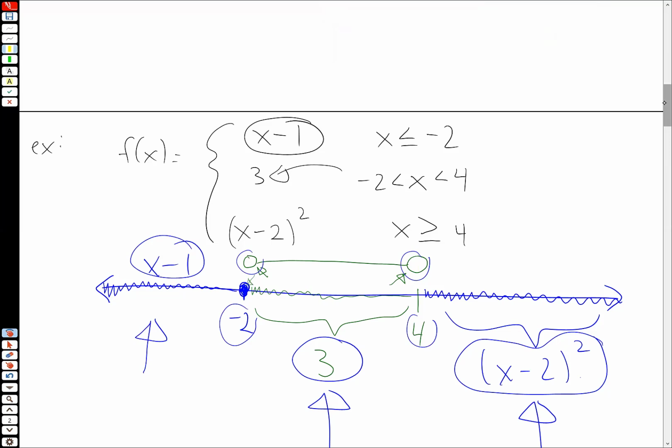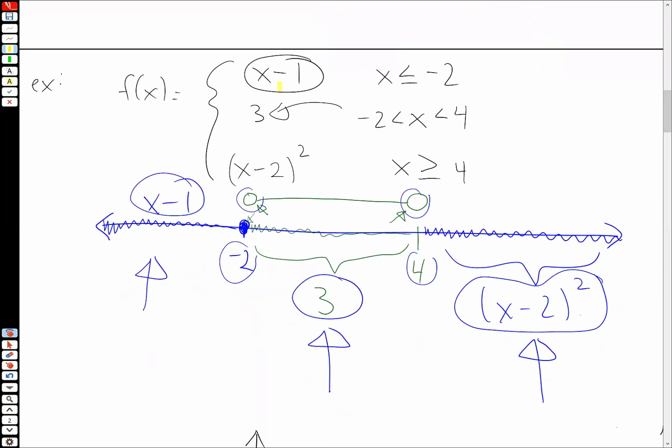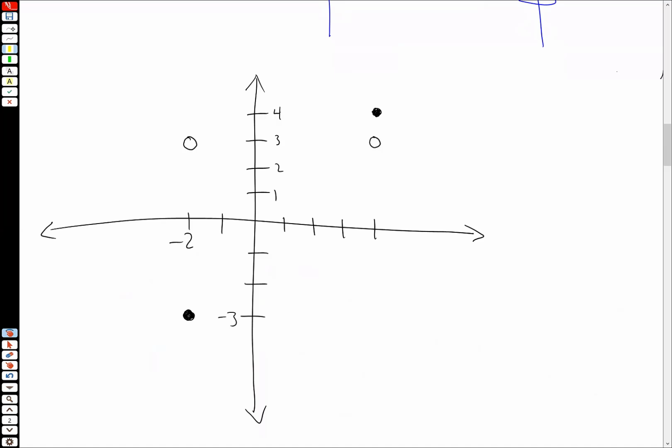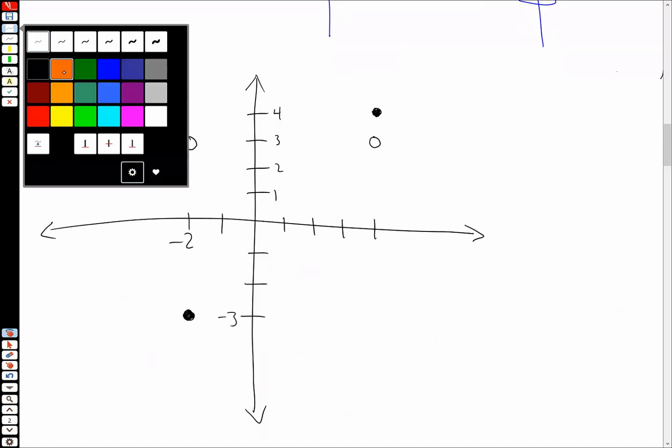And now this is, again, a part that might differ from what you're used to. What I usually do is I graph the entire function and then I chop off what I don't need. So I'm going to graph all 3 of these functions here, x minus 1, 3, and x minus 2 squared. Now I'm going to use different colors here.